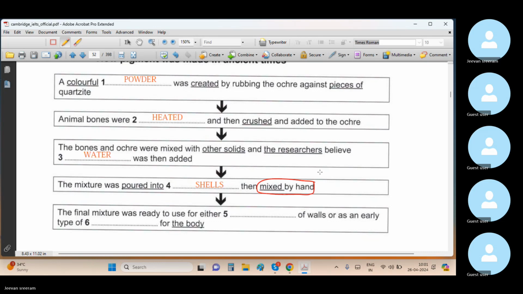Protection or decoration of walls, of course. You're right. Sunscreen for the body. Correct.